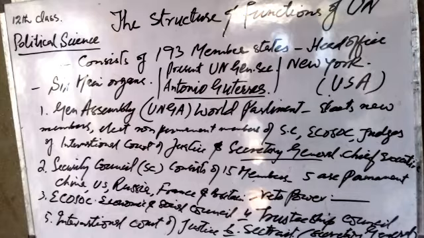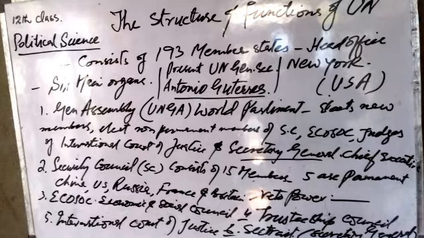The second organ is the Security Council. The Security Council consists of 15 members, out of which 5, that is China, Russia, France, US, and Britain, are permanent members.